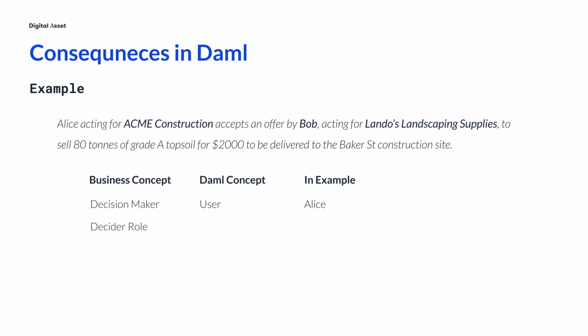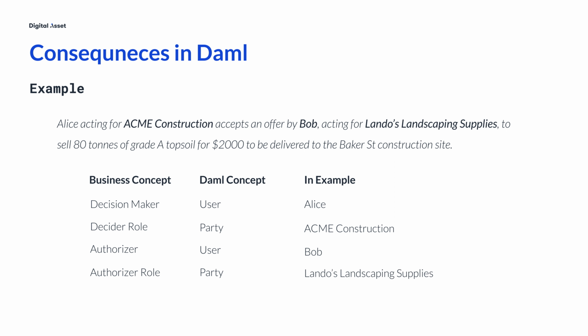The role in making the decision Alice was acting as, which is the party Acme Construction, in the role of purchaser. Authorization to make decision. Alice was authorized to accept or reject the offer when it was made by the user Bob, and the role that authorized this decision. Bob was acting as the party Lando's Landscaping Supplies in the role of supplier.